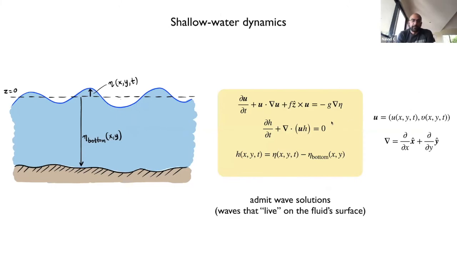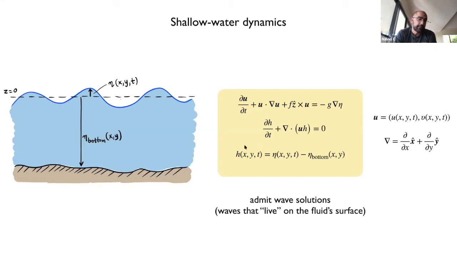So here we are. If you combine these two equations, these are the so-called shallow water equations. The horizontal velocities u and v evolve according to the first equation, and instead of pressure, we just have the gradients of the free surface height, and the total fluid depth at every point evolves under this second equation.